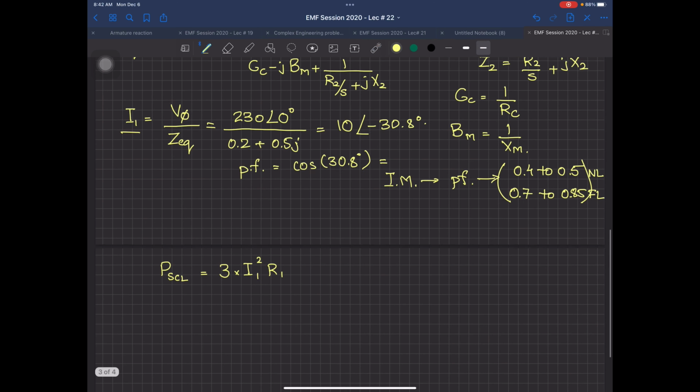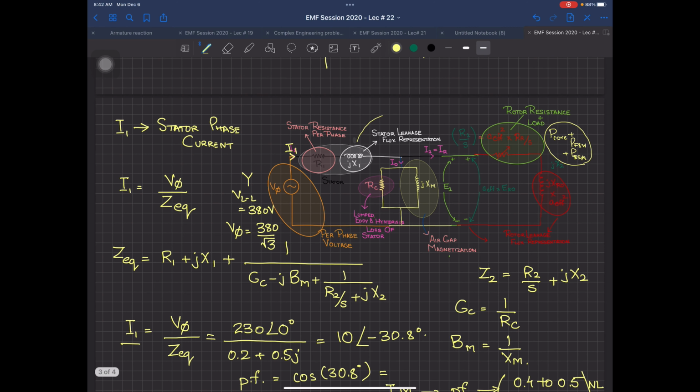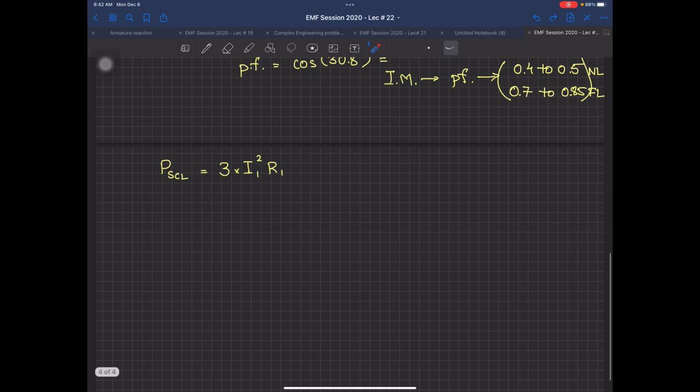And if your core losses over here, this one, are not lumped together like this, as I told you just now, that if your core losses are not lumped together and given as a constant value, then this RC can also be found out. So your core losses of your machine will be equal to, now in the book they have given a formula which is equal to 3E1 square into GC.